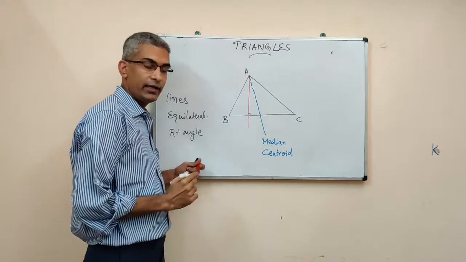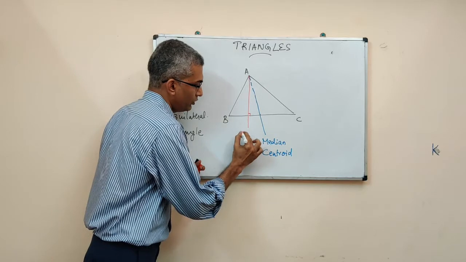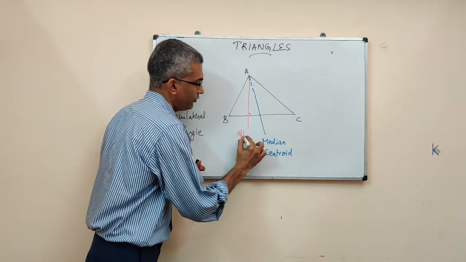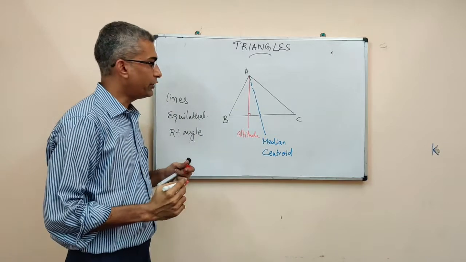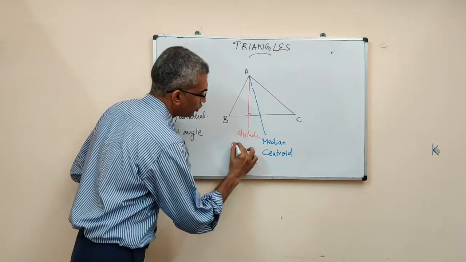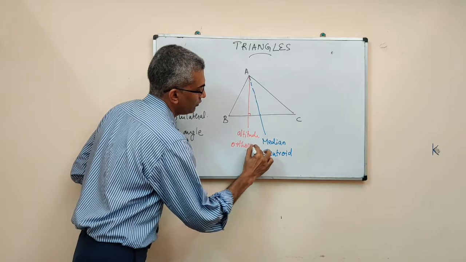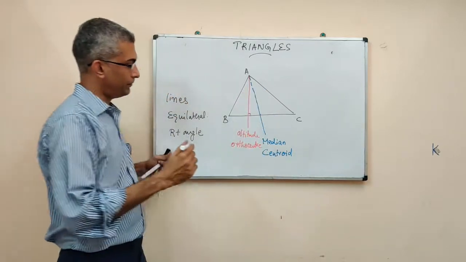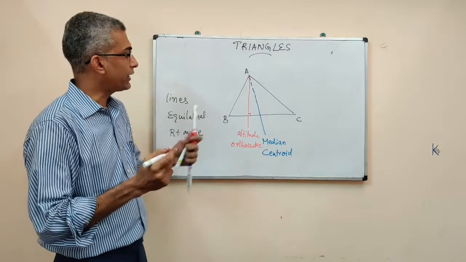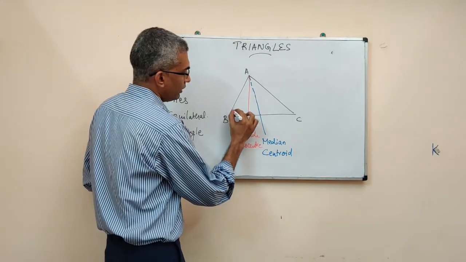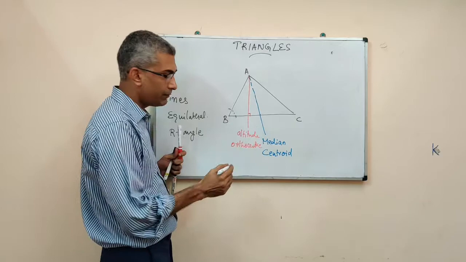or the height, that is the vertical line from each of the vertices to the opposite side. This angle will be 90 degrees. This is the altitude. The meeting point of the altitudes is called the orthocentre. Another important line in a triangle is the bisector of the angle.